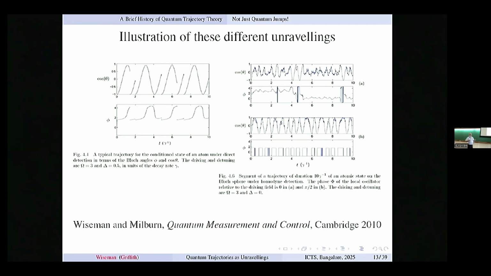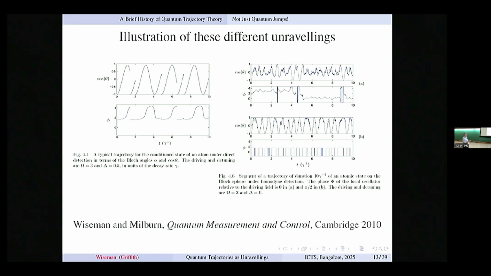Okay, so just to illustrate the differences, these are some pictures from my textbook with Jared Milburn. Here are some quantum jumps for a two-level atom being driven. It's all for pure states, so I've done this in terms of the Bloch sphere angles theta and phi, or actually cos theta and phi. Everyone knows the usual phi around this way and theta this way.